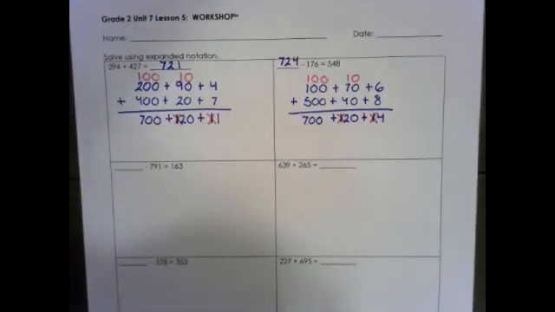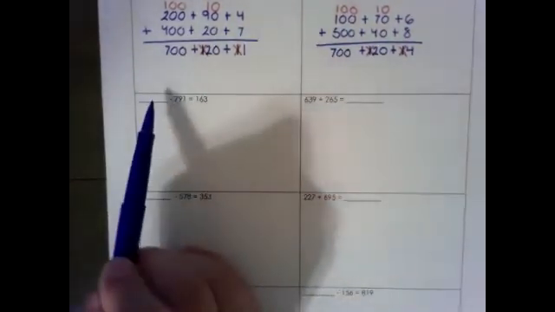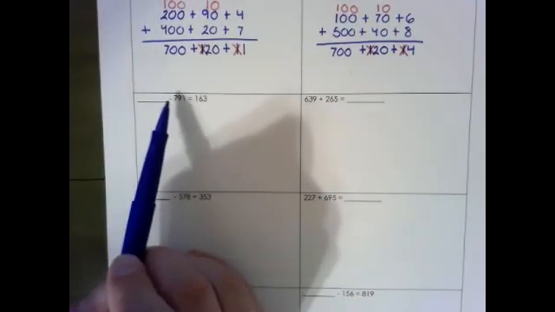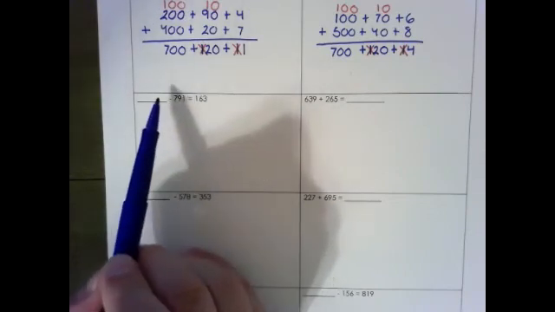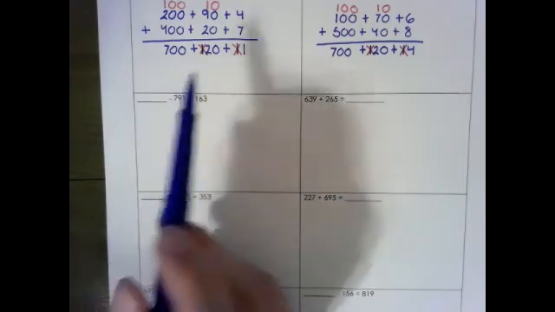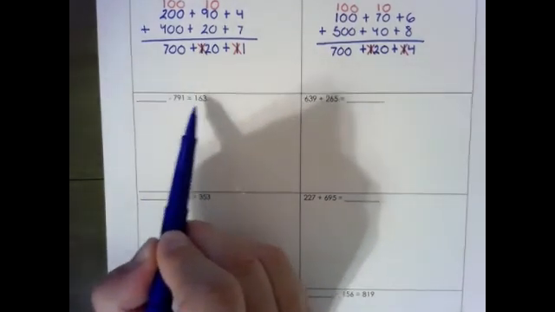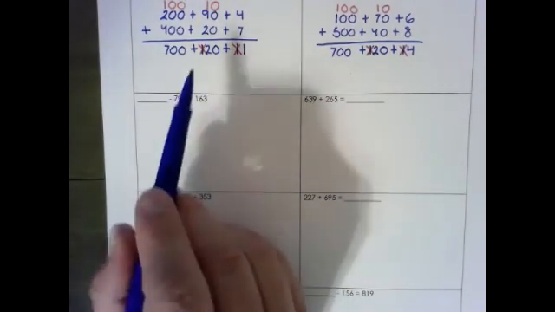Let's try one more together. This is another one of those that looks like subtraction, but we can see when this first number is missing, that's the missing whole. We're going to add these two parts to find the whole.